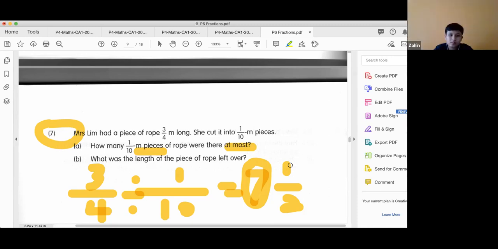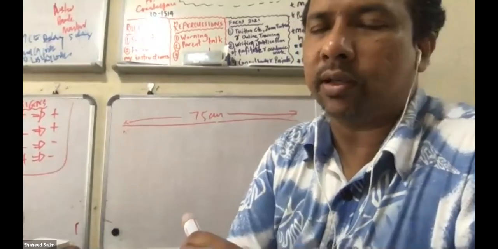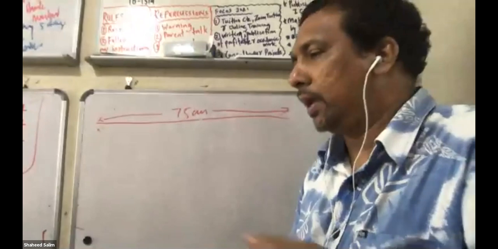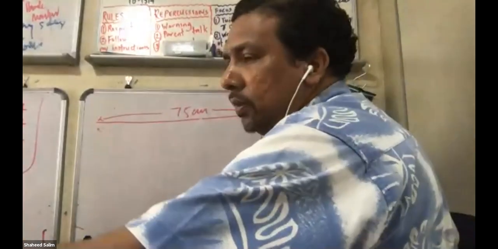Good, 75. Okay, I've written 75 here. Later I will minimize. 1 over 10 meter is how many cm? 1 over 10 times 100. How much you get? 1 over 10 times 100 is 10 cm.